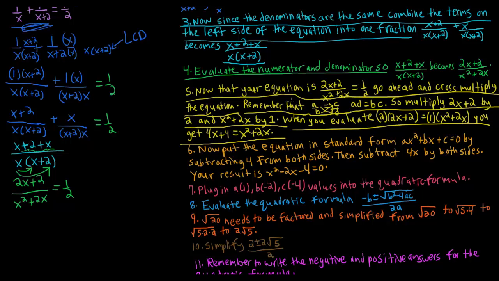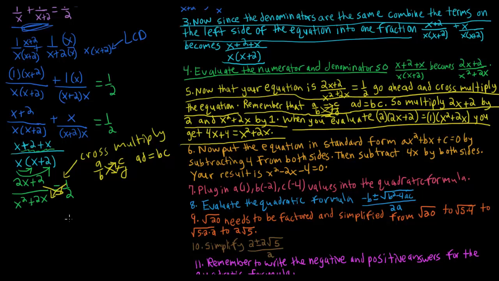So right here we want to cross multiply. And just like it says here, we need to remember that a over b equals c over d. You just multiply across the different terms, which will end up being AD equals BC. So we multiply 2x plus 2 times 2, and then x squared plus 2x by 1.